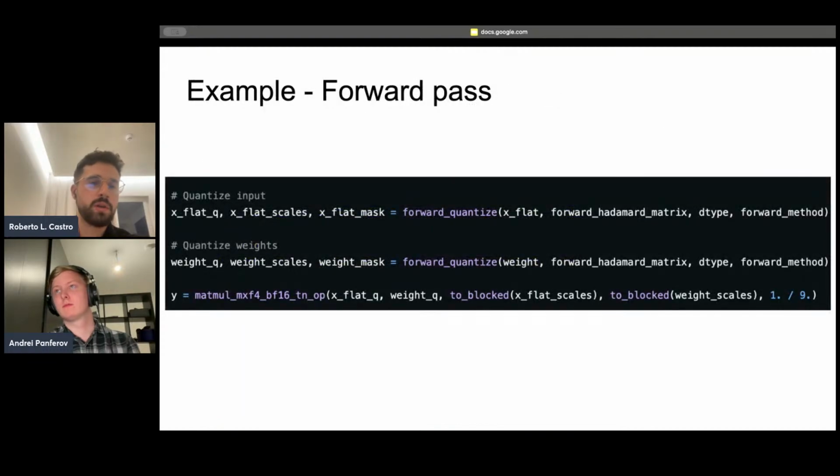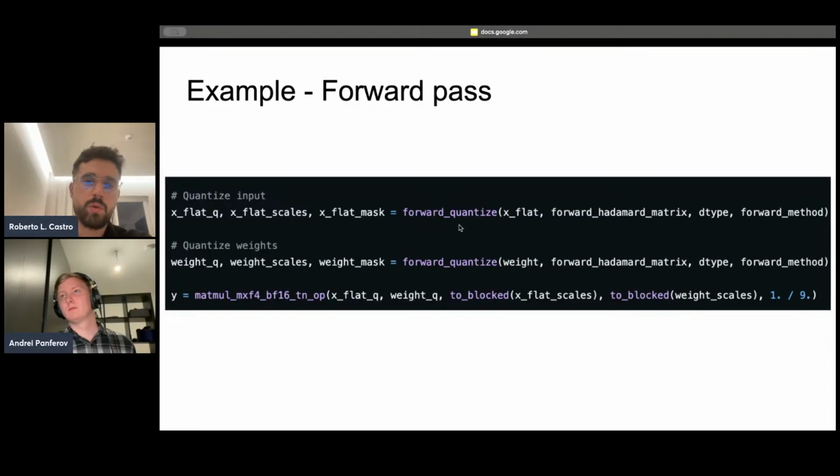So overall, here I show an example of how these three methods are executed. So this example represents the forward path of our method. So we are going to receive this input and the weights, which we are going to quantize on the fly, right?